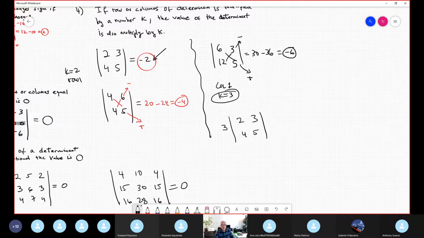I see that the greatest common factor in this column is 3. I factor out 3 outside and compute this determinant, which is negative 2. The answer is 3 times negative 2, which is negative 6. Same idea, but backward.